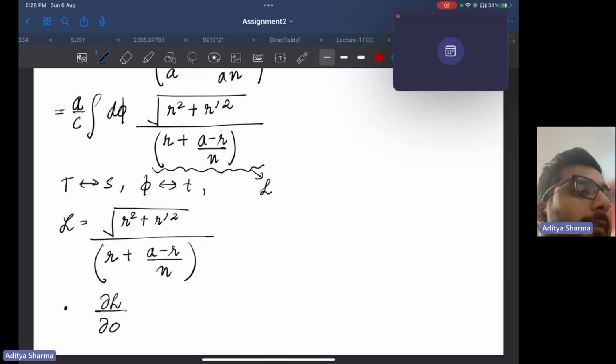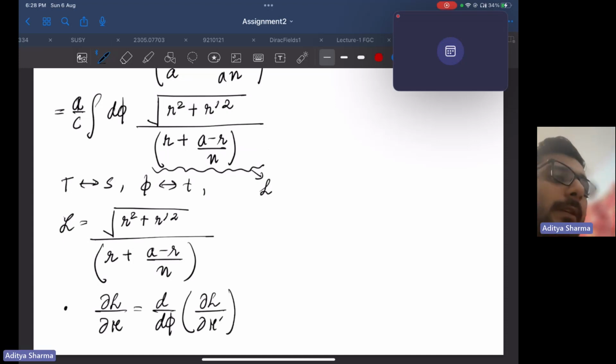Dou by dou r is equal to d by d phi of dou by dou r prime. So this is the equation which you need to solve. So we'll solve that now.